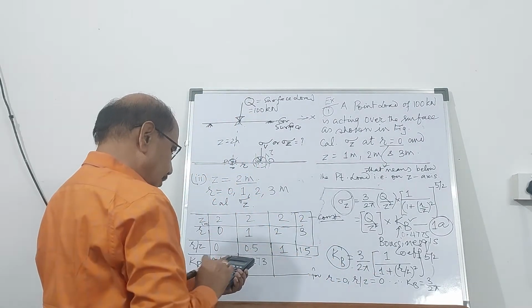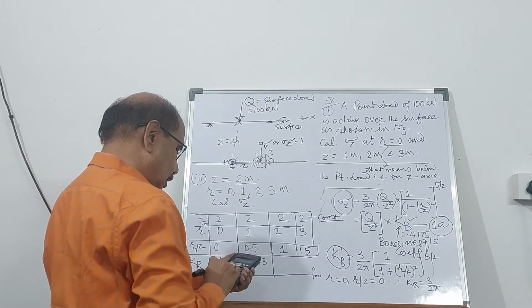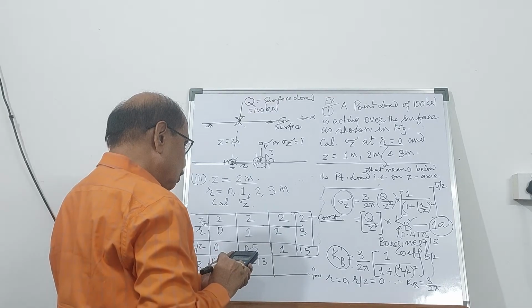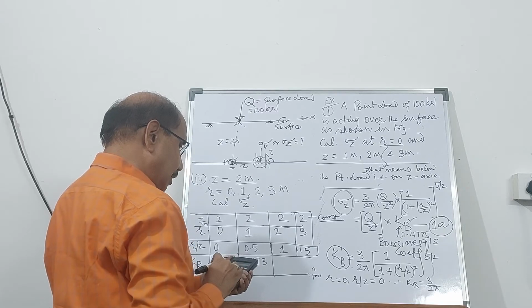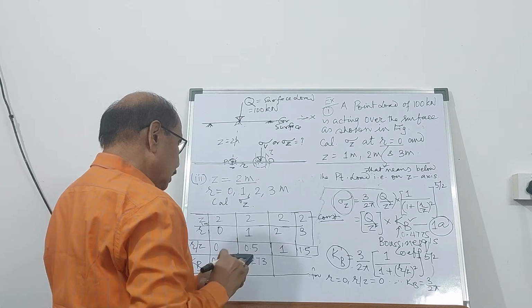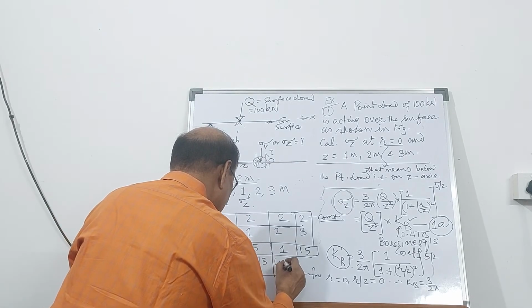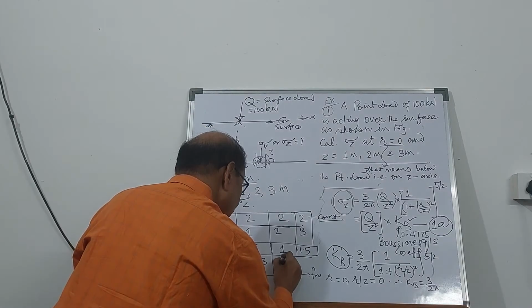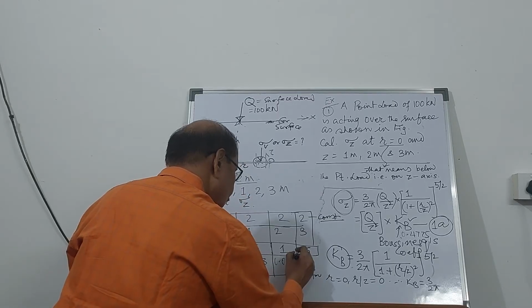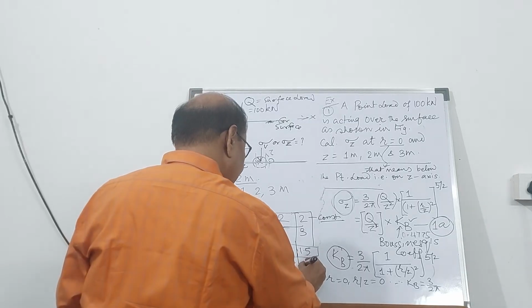So 0.5 to the power 2.5 is 0.176, multiplied by 0.4775 gives you 0.084. Then similarly you can calculate for this.